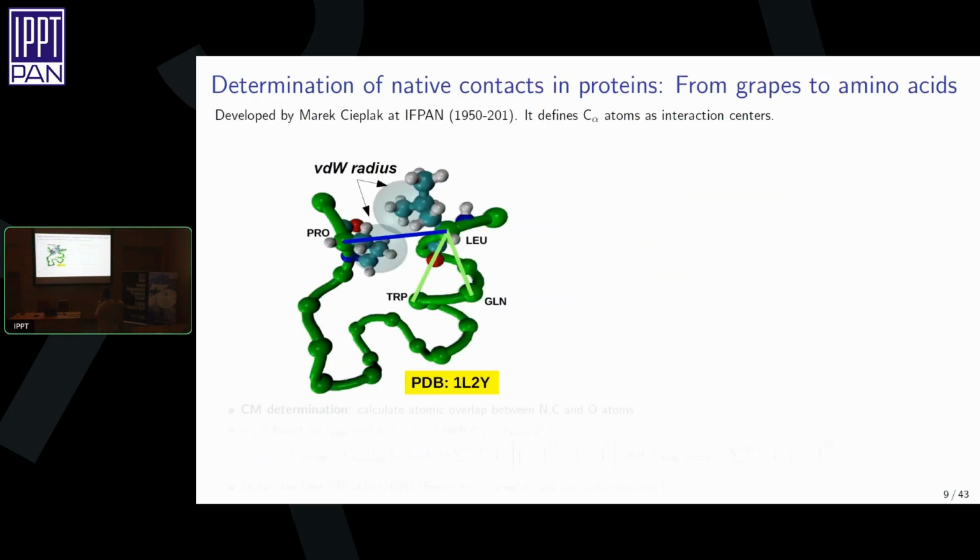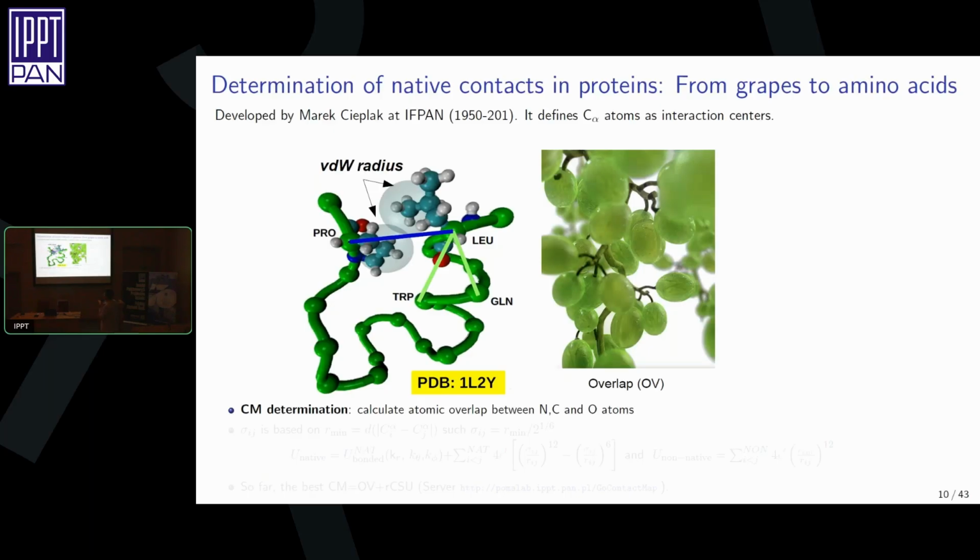A long time ago I started a collaboration with Professor Marek Cieplak at the Institute of Physics, where he had a very beautiful model for proteins called the Go-like model. His model was able to capture the intrinsic conformational state of a protein, which is just the backbone, removing all the different amino acid side chains. The model was able to capture the equilibrium conformation of the protein based on what we call native contacts.